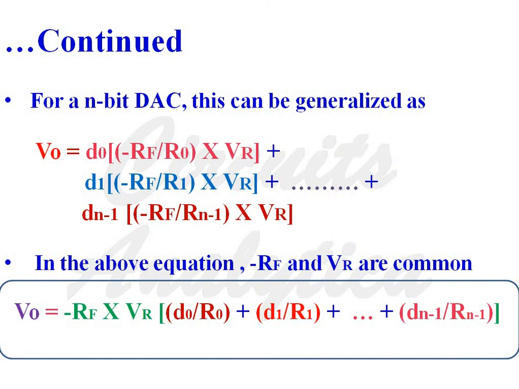In the above equation, minus RF and VR are common. So we can write V0 is equal to minus RF into VR inside bracket D0 by R0 plus D1 by R1 plus ... Dn minus 1 by Rn minus 1.